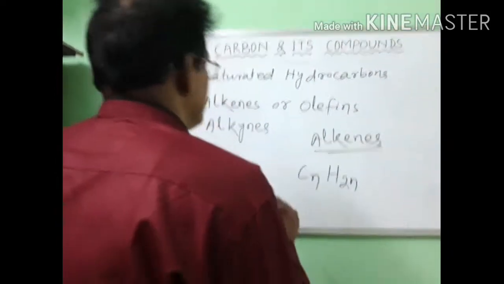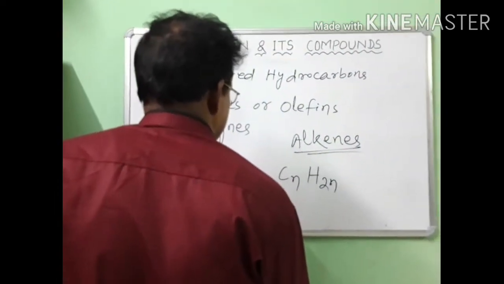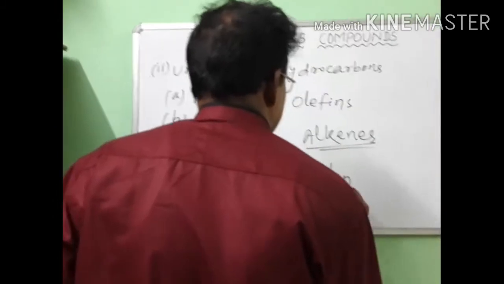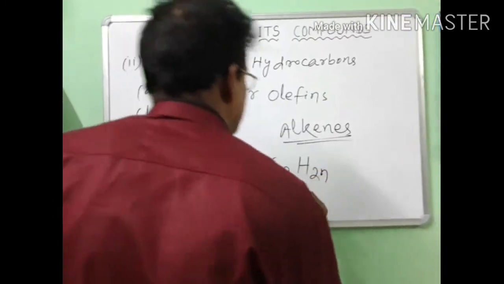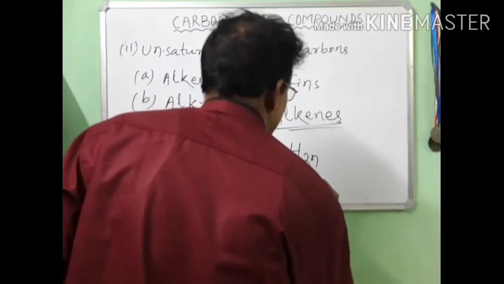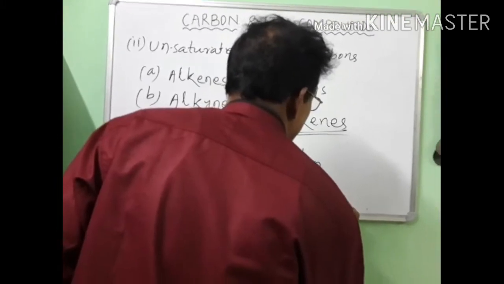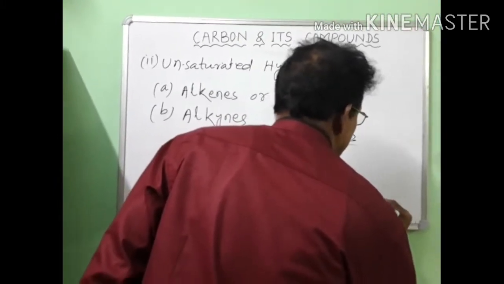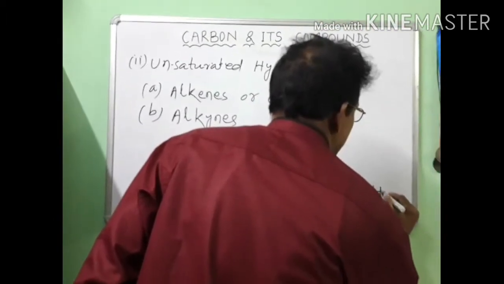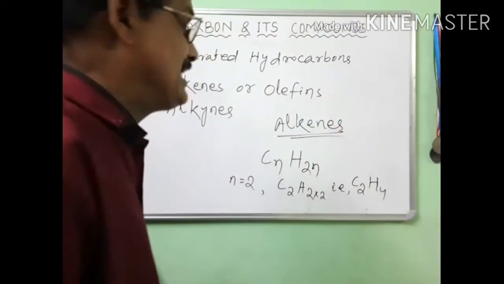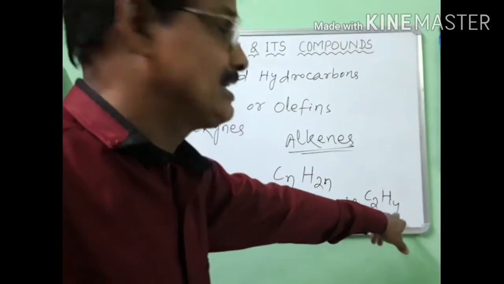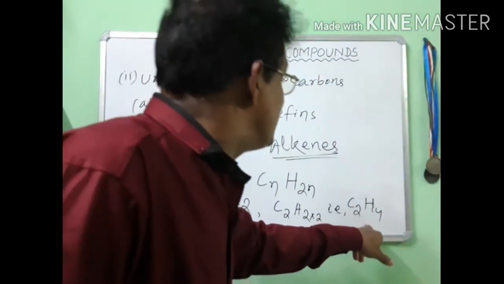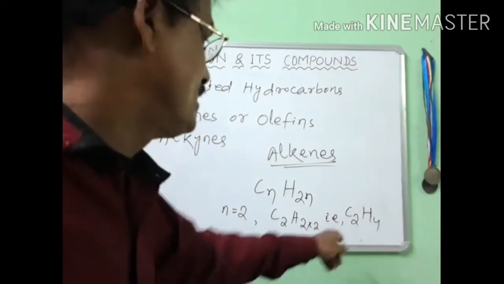If n is equal to 2, the formula of the compound is C2H(2 into 2), that is C2H4. That is ethene, an alkene. C2H4 means ethene.